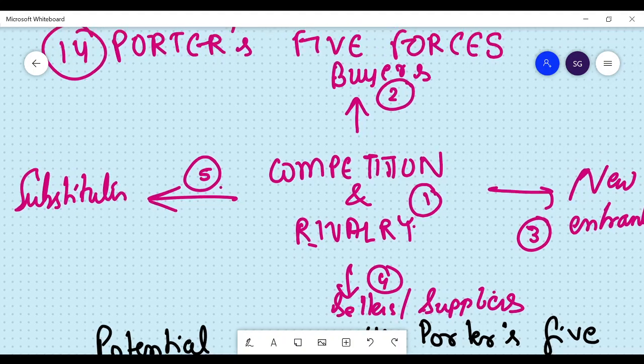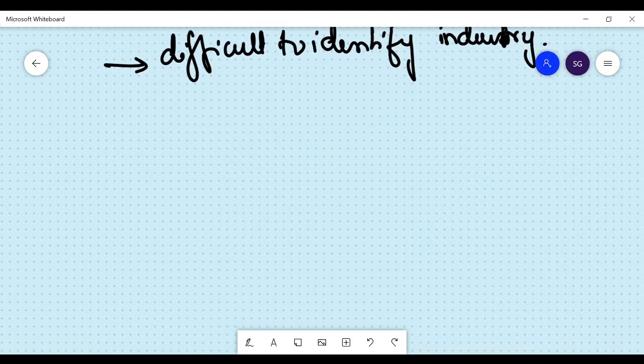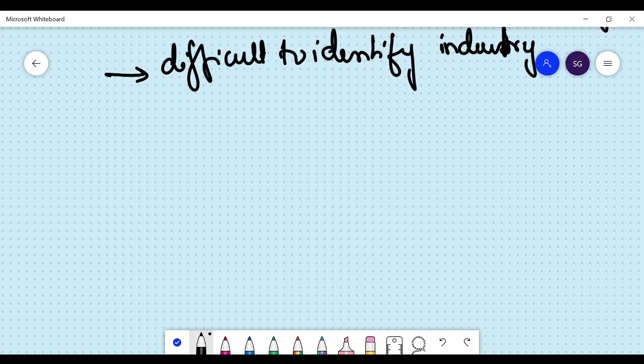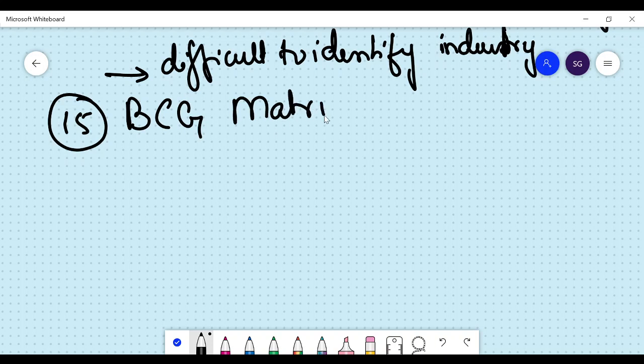We are done with this topic. Now we'll move on to the 15th point, which is BCG matrix. BCG matrix stands for Boston Consulting Group matrix. It involves 2 factors: strength of the factors and their position in market, and the market's attractiveness for growth.